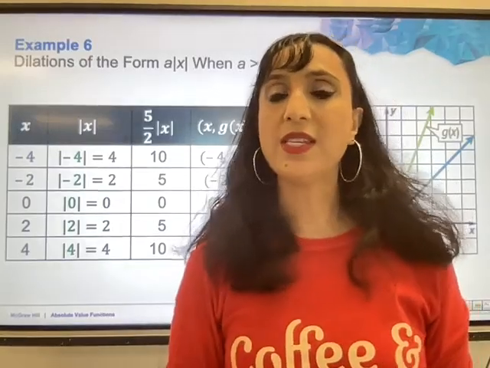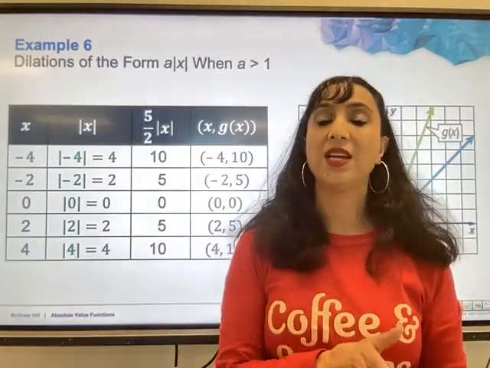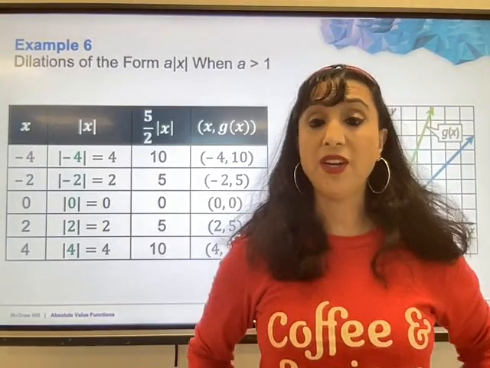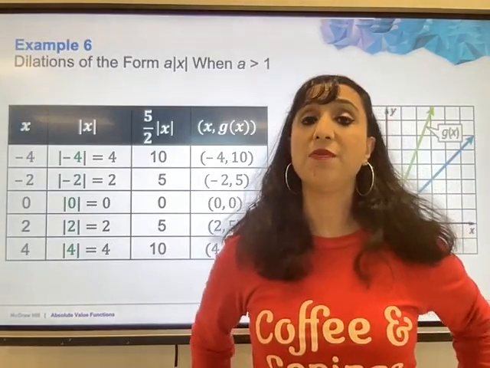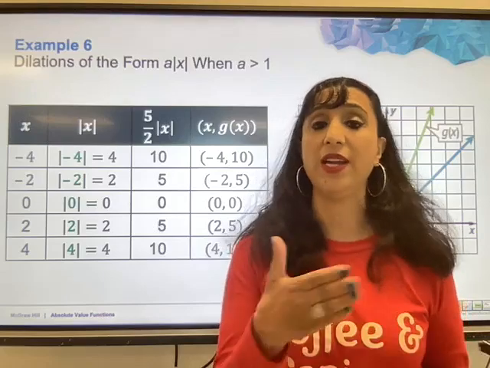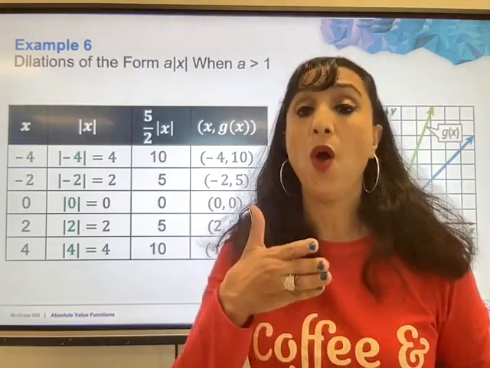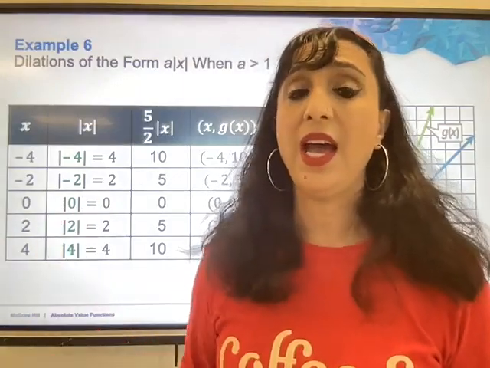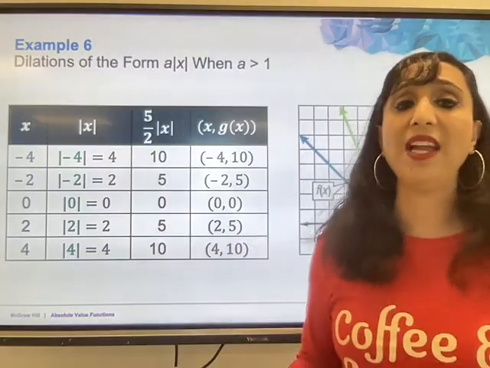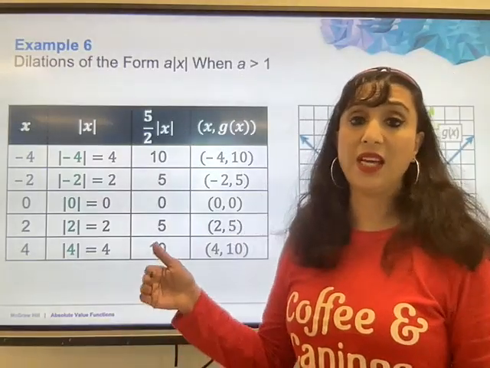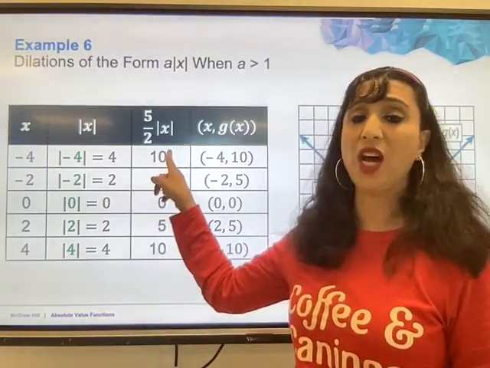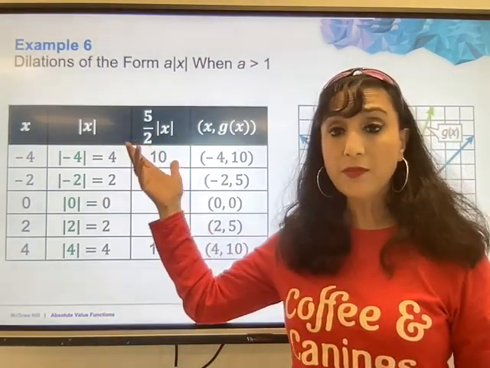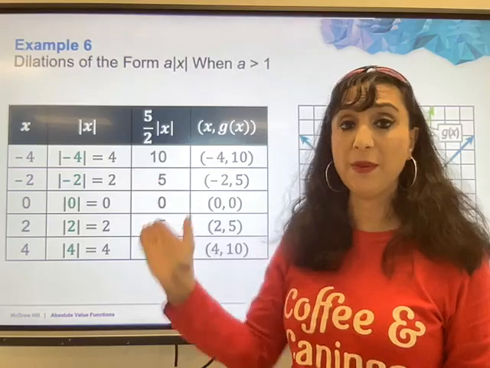To save us time, I have used the function rule that was just provided and created a table so that we can see why it is a vertical stretch. Then I've created the graph. Once again, we give values to x, and I'm looking at numbers which are divisible by 2, because it becomes very easy for me to simplify.